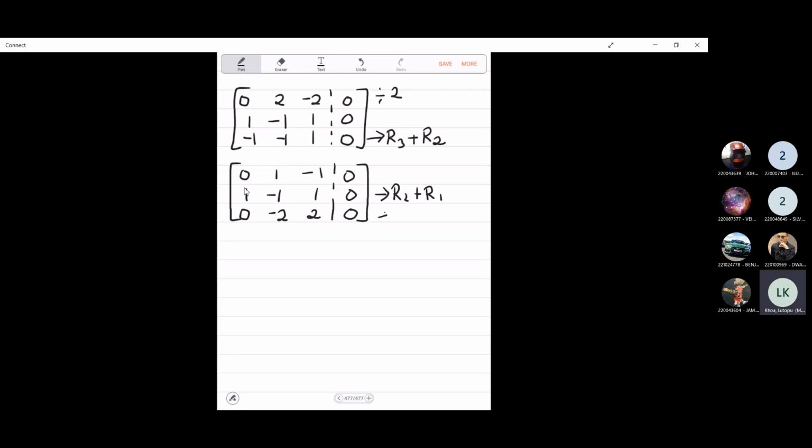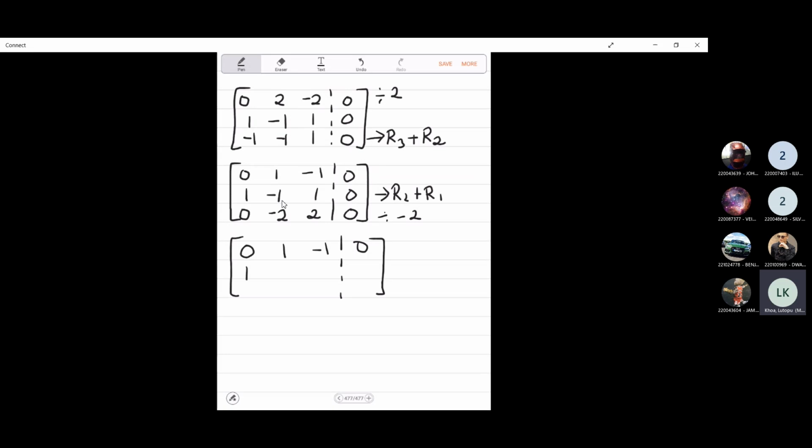They just divide it by negative 2. Okay, so first row doesn't change, so I have 0, 1, minus 1, then 0. And then we said row 2 plus row 1. So 1 plus 0 is 1.